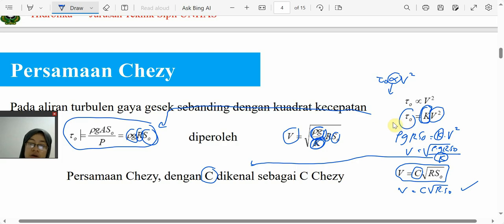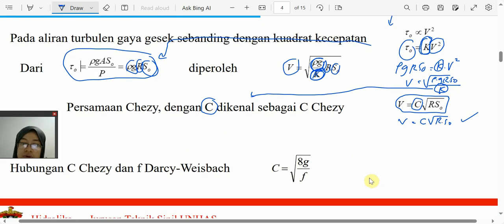So we already understand the philosophy of the Chezy equation, and we already know how to calculate the velocity of the flow in the open channel using the Chezy equation. I say Chezy equation because in the next slide we will talk about another roughness or friction coefficient that was introduced by other persons, not Chezy.